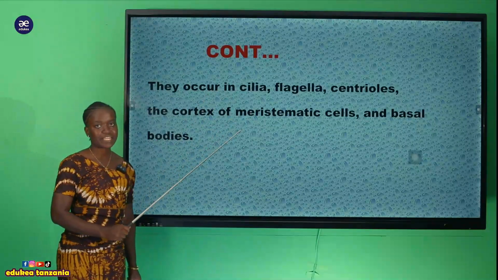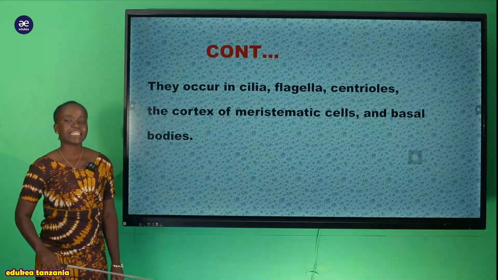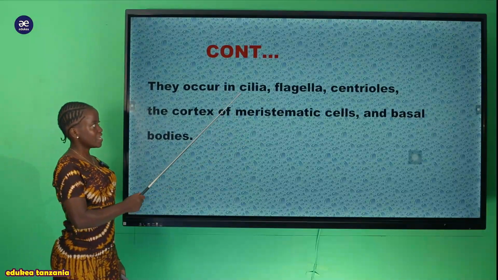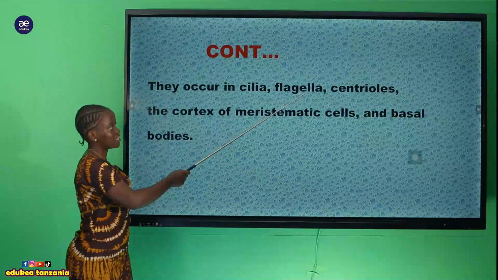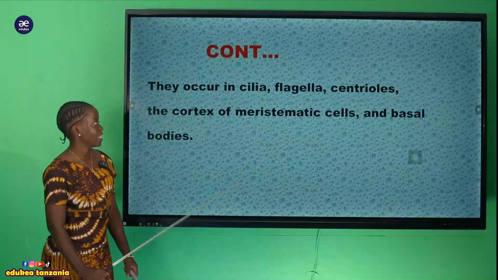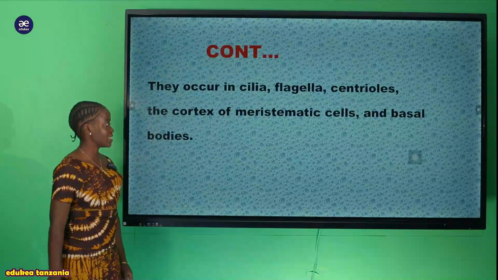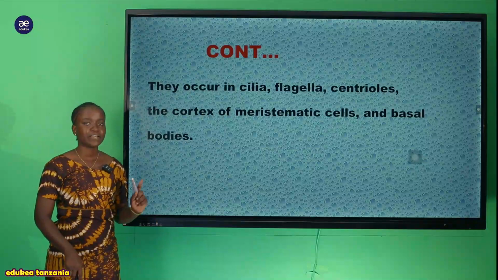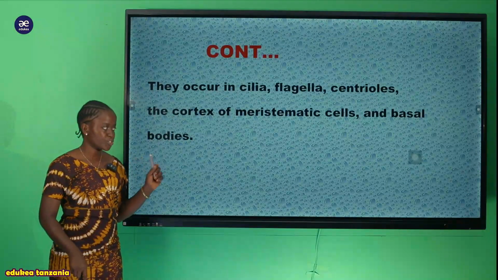So these are the locations where you can find these microtubules. For instance, here you can see there are cilia, we have flagella, we have centrioles, and the cortex of meristematic cells and the basal body. This is where you can find all of these microtubules.